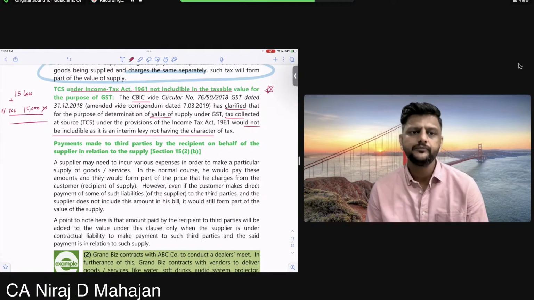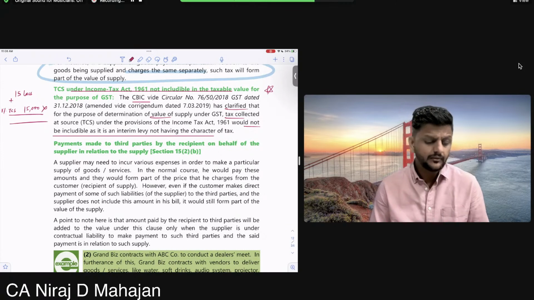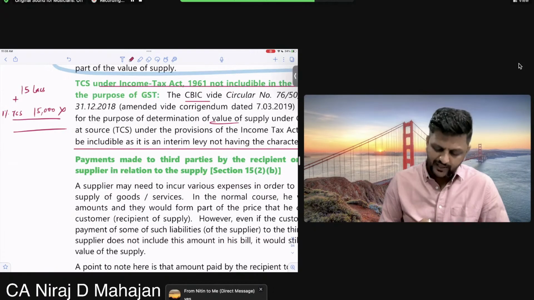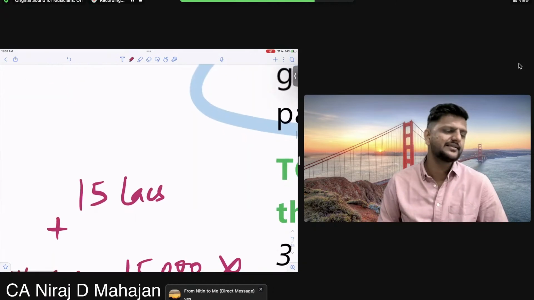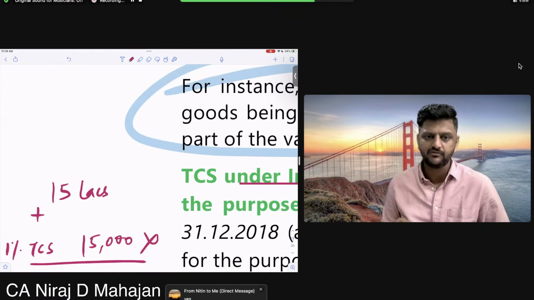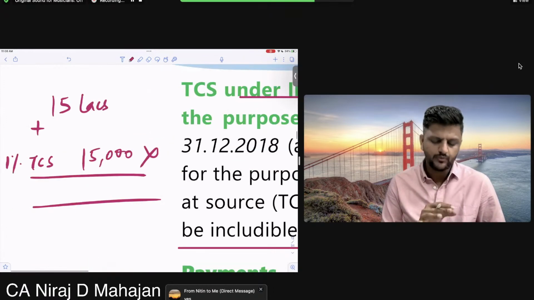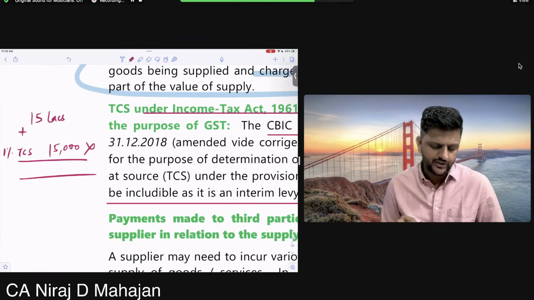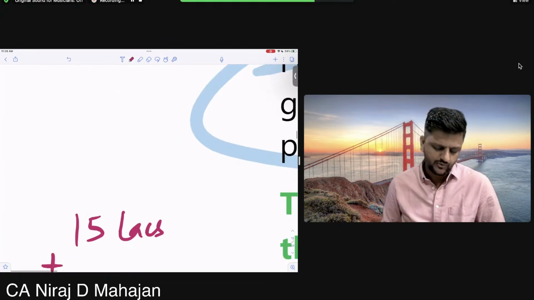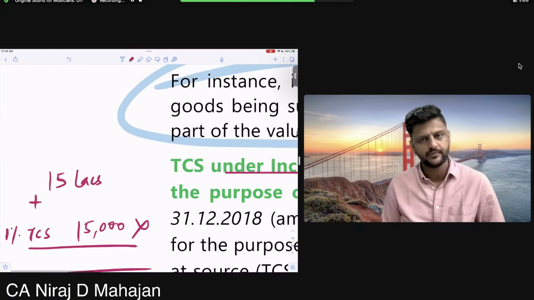Clear, all of you? That is a genuine doubt. It is a taxable value of supply. So on which amount to charge tax? What is the value of supply? The answer will be in this example 15 lakhs only, and we don't add 15,000, for value of supply under GST.